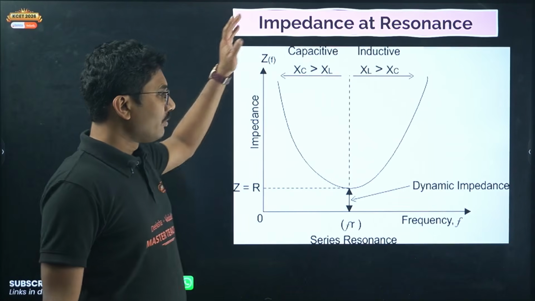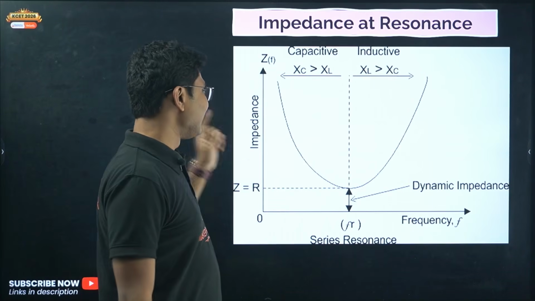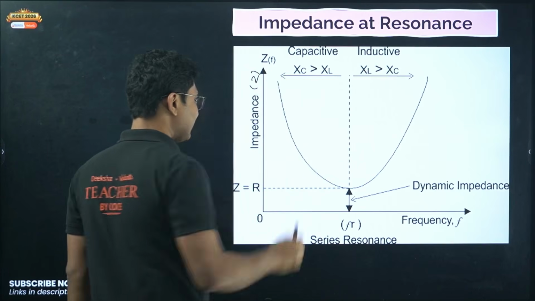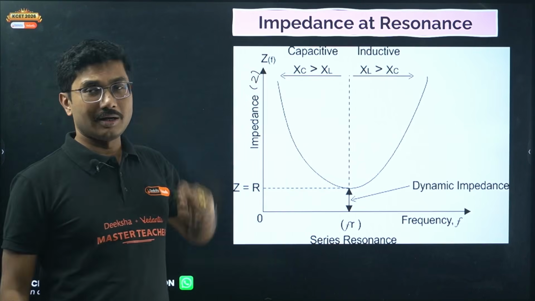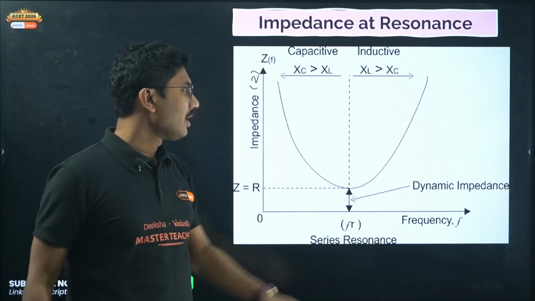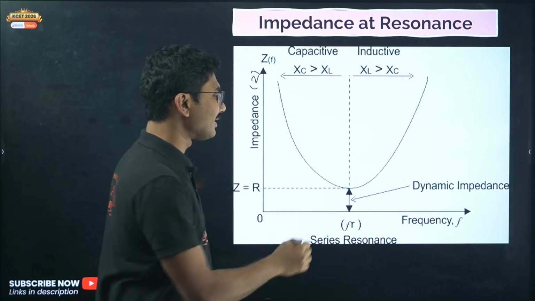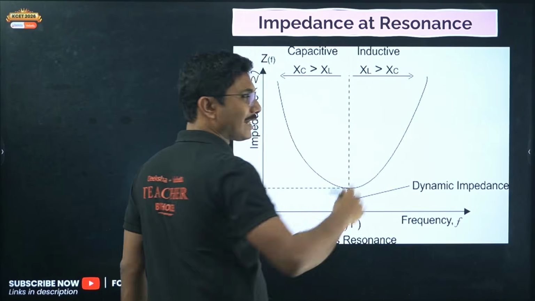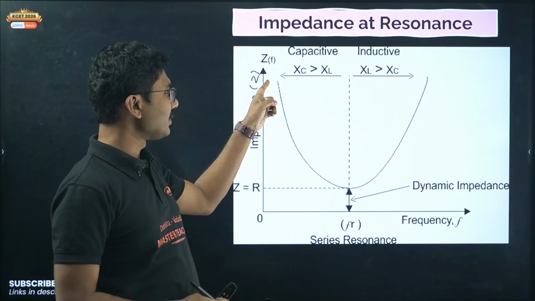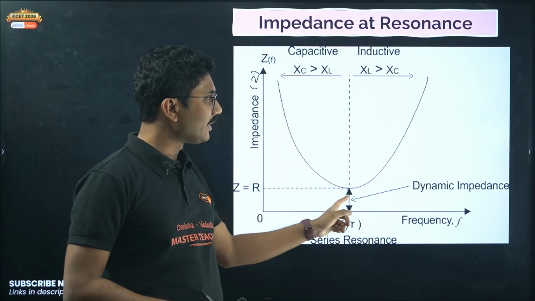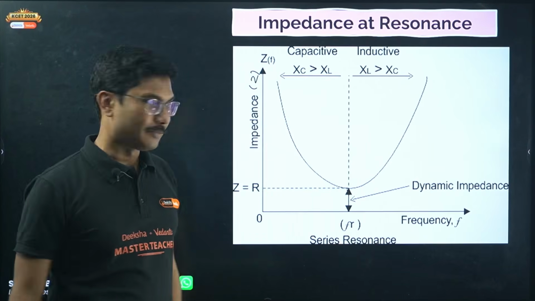Now if you plot the impedance of the circuit, that is Z, versus frequency, the impedance of the circuit decreases with frequency and then suddenly it increases as well. Initially it starts with a high value, goes down to a lowest value, then increases again.